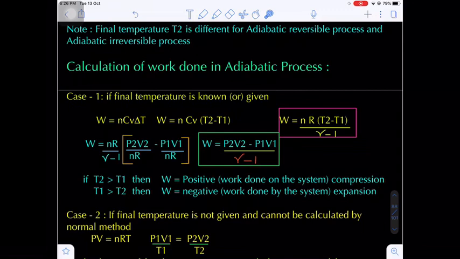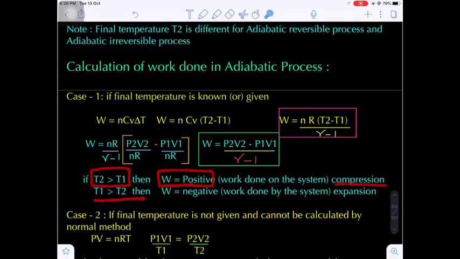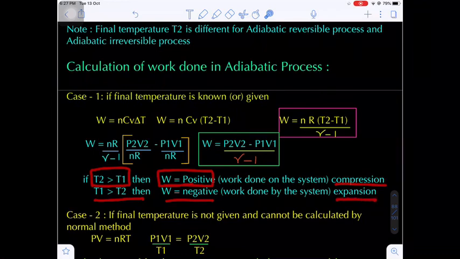One more important thing: if the final temperature increases, then work done on the system is positive. That is called compression. If the final temperature decreases compared to the initial temperature, that means the work is done by the system, which is negative work, and it is called expansion.